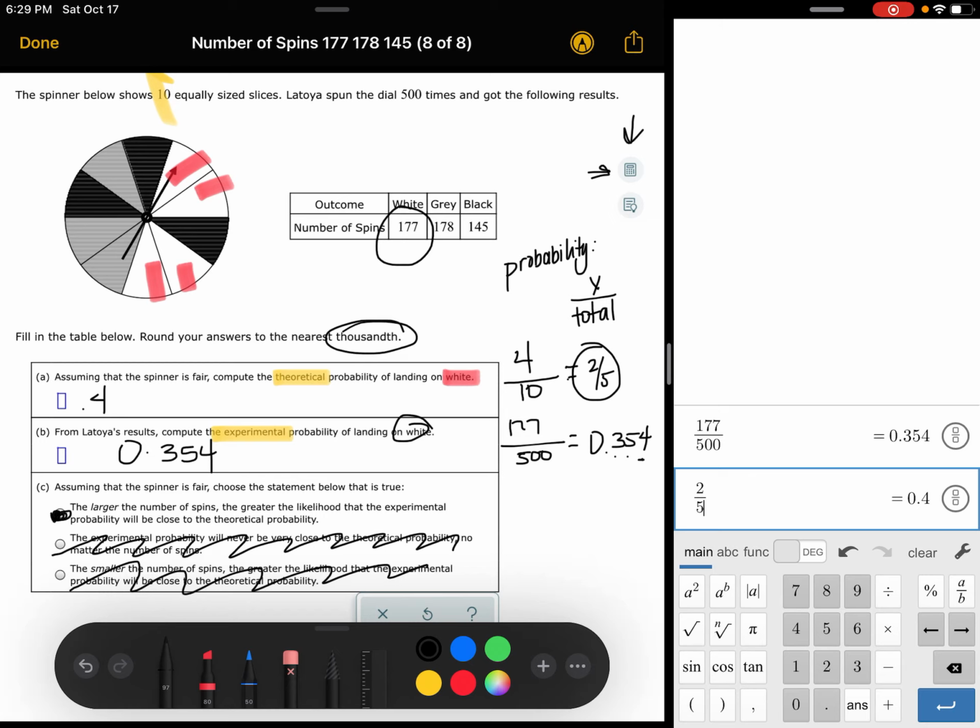I think it might give you the same question or close to it every time. There might be a little bit of different wording, but as long as you know that the more spins there are, the greater likelihood that these two will be close, that is the truth. That is a true statement. Okay, so as long as you're looking for that statement, you should be fine.